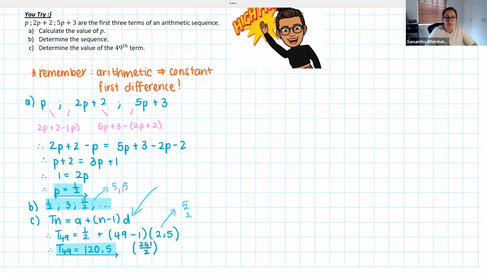I'm going to be honest, they don't often ask the value of p or x and then determine the sequence. They usually go value of p and then say determine the 49th term. So you have to remember to substitute, find the general formula, and then the 49th term. This is more to get you into the habit of subbing back, get your sequence, and you can go from there. Thank you, ma'am. Sure.